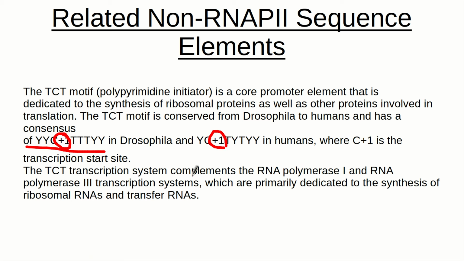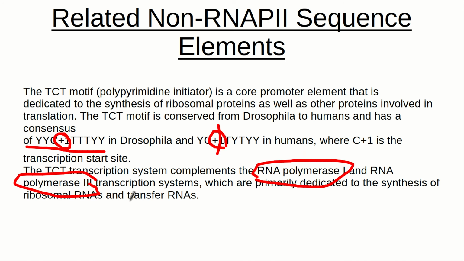That's what +1 means. So here is your TSS. You've got TY, TYY, and YT on either side. So this is not always what happens, but the problem is this isn't going to help you much because this occurs in RNA polymerase 1 and RNA polymerase 3 systems.